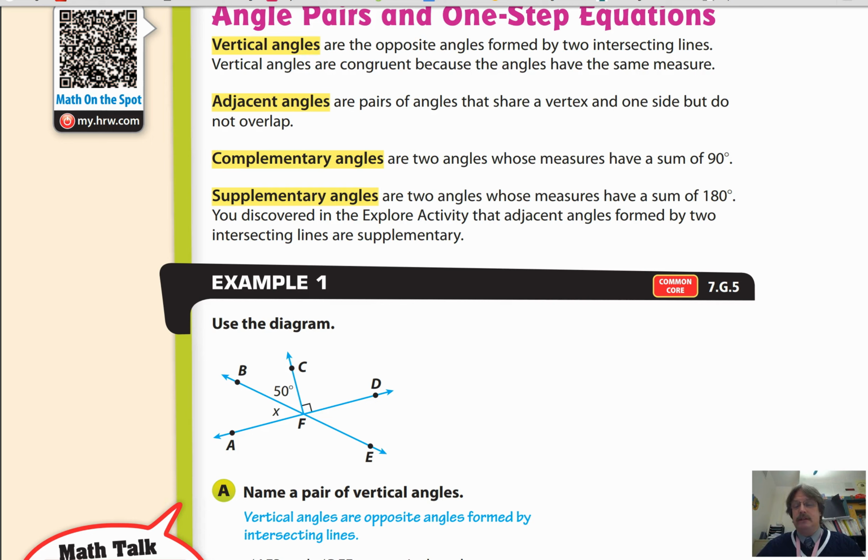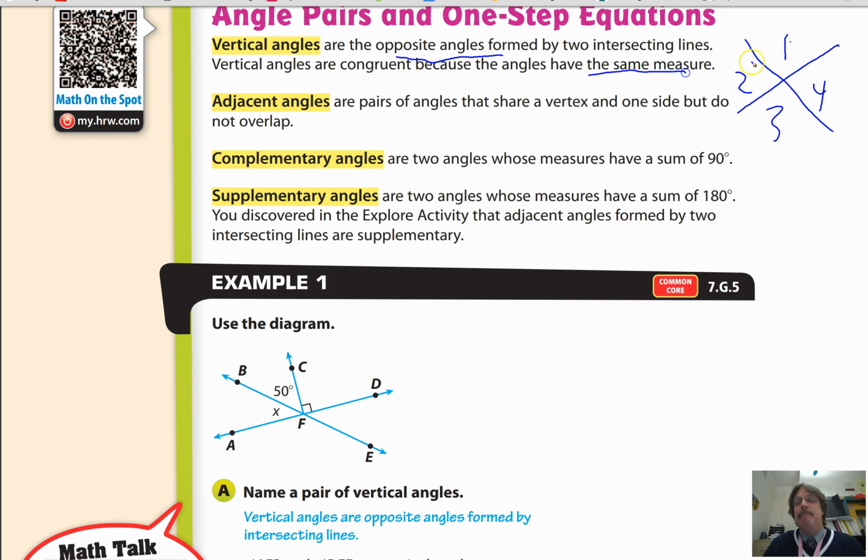Some additional definitions that we have to work with here are vertical angles. They are opposite angles formed by two intersecting lines. So in the previous activity, we had created two intersecting lines, and I labeled the angles 1, 2, 3, and 4. So this is angle 1 and angle 3. They're opposite of each other, okay?